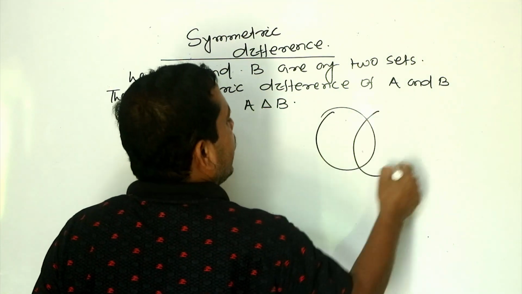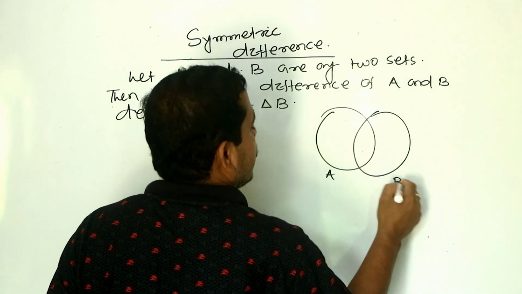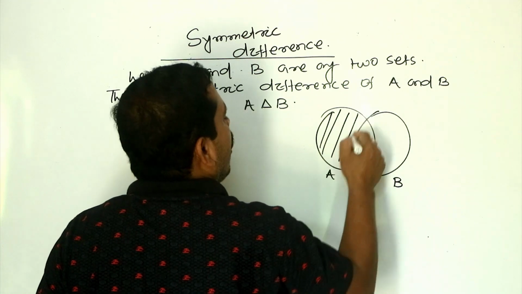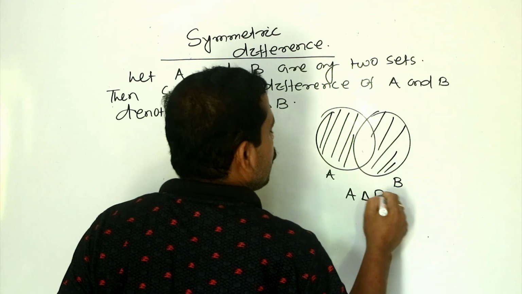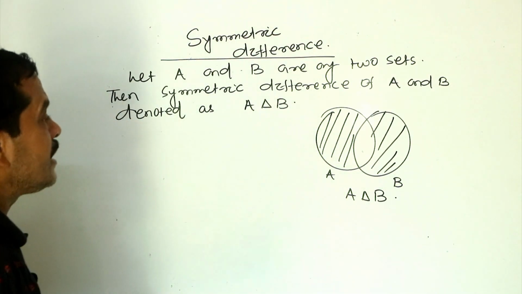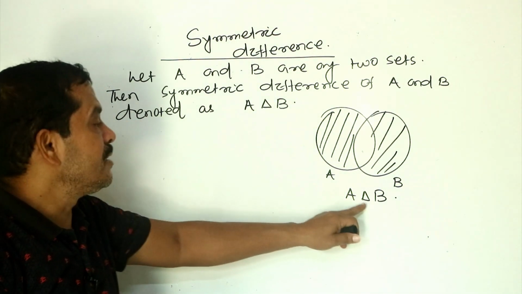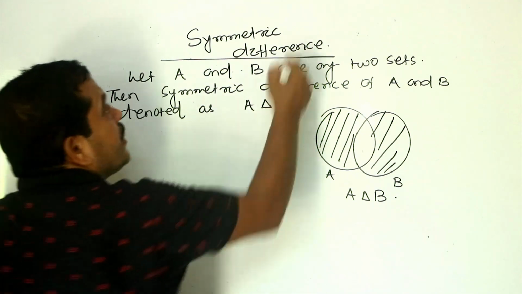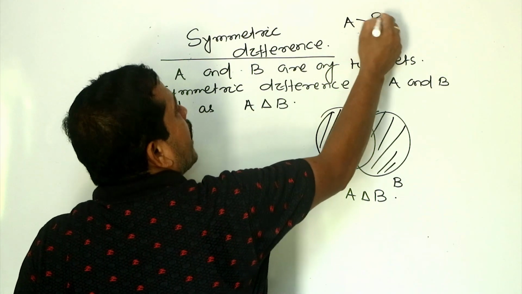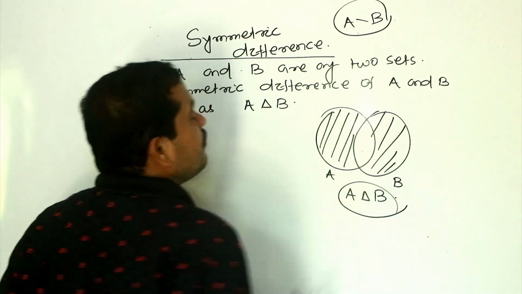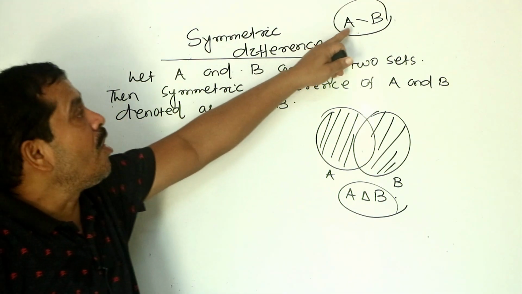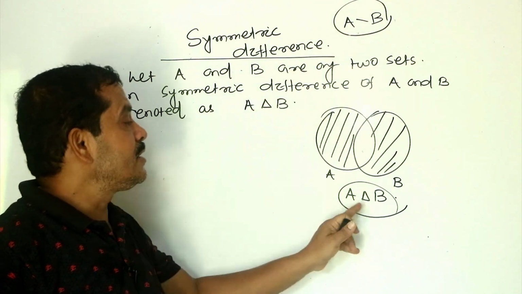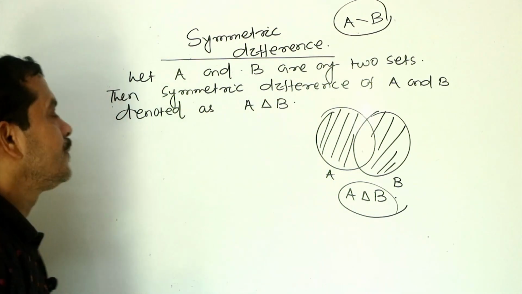And this is the Venn diagram of the symmetric difference. It is the union of A difference B and B difference A. That is known as A delta B, the symmetric difference of A and B. But this other symbol is used for A difference B, and this is the symmetric difference. These are two different things. This is called the difference and this is called the symmetric difference.